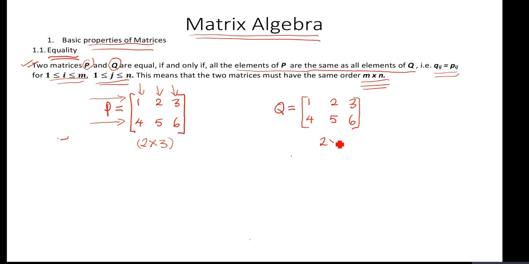So it's got to be the same order, and every single element must be equal. Then we can say P is equal to Q. Now you may say, well, that just stands to reason. That is true, but did it stand to reason when you read it for the first time? And that is the point I'm trying to make.